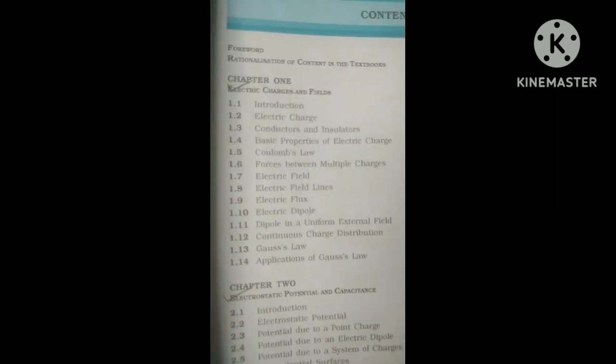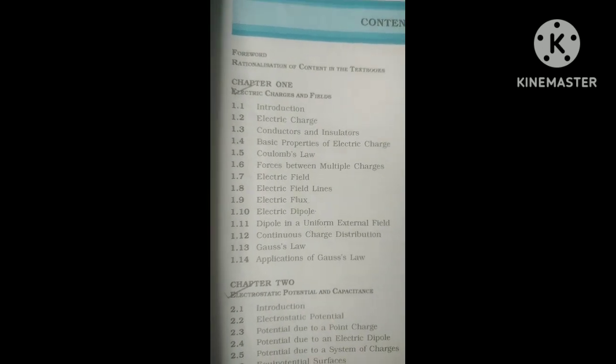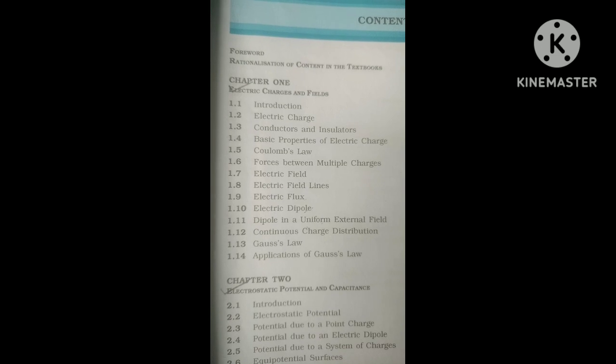Now, physics. It's the second PU syllabus, second PU book. Its index consists of first chapter was electric charges and fields, and these are the points you have to read.